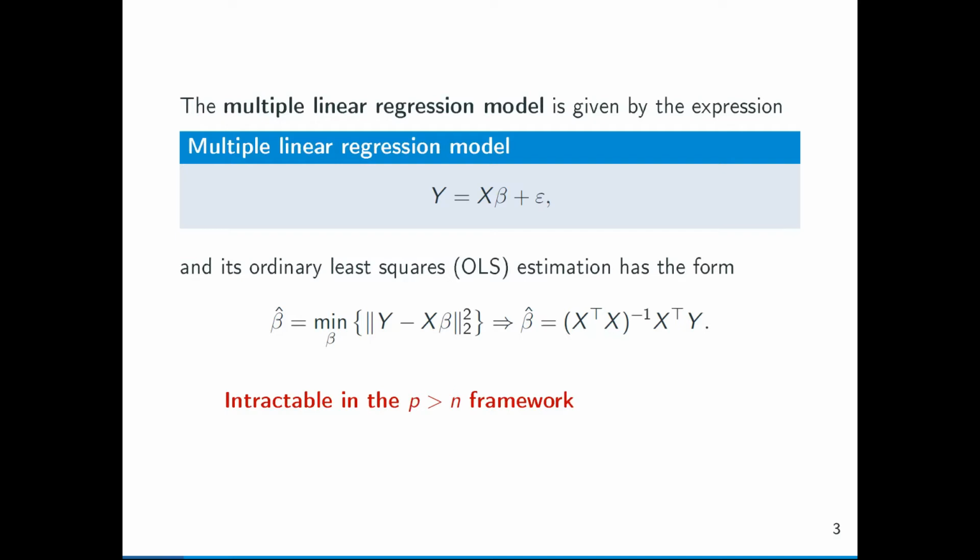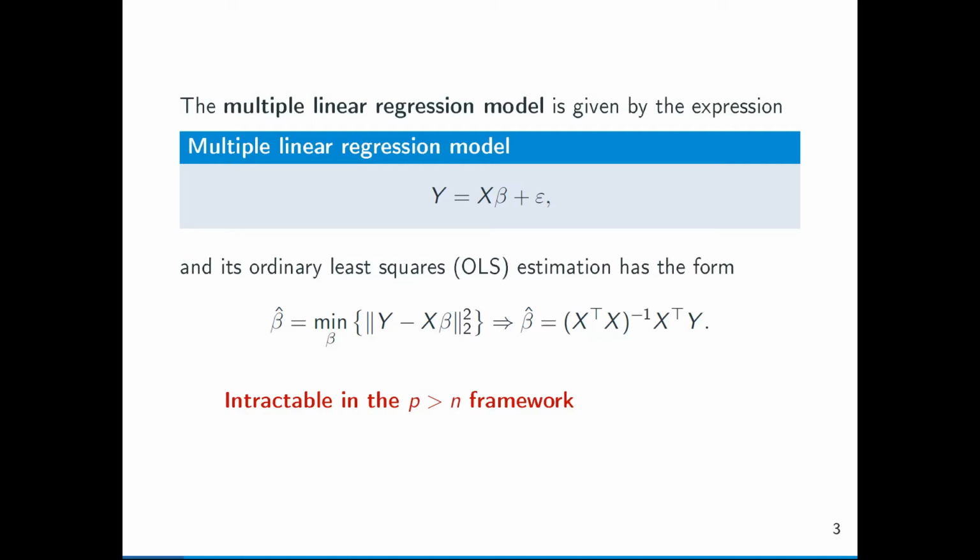And there are other situations where we have problems too. For example, when we have a strong dependence between covariates, again we cannot invert the X transpose X matrix.